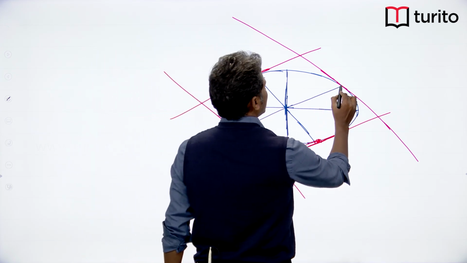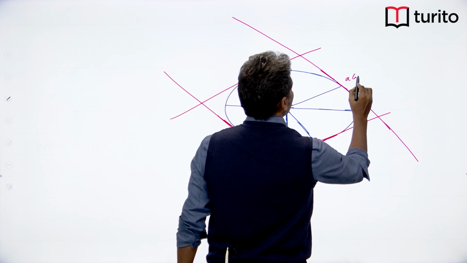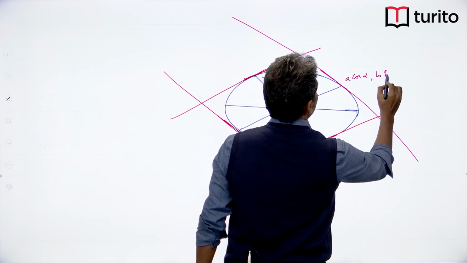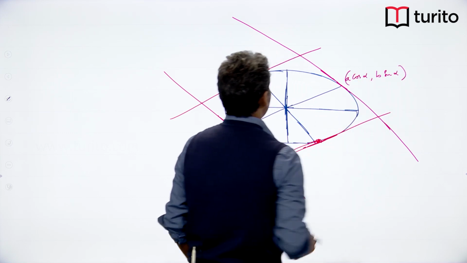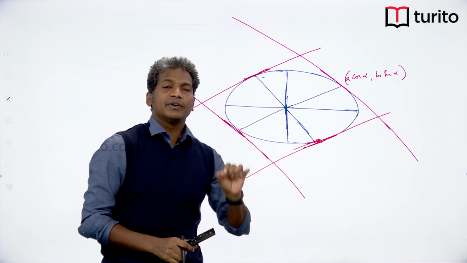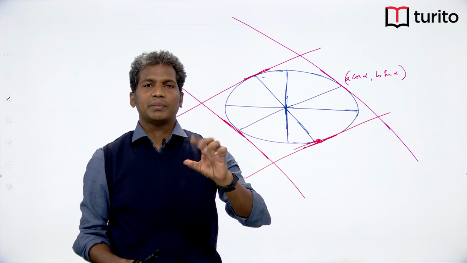Suppose, let us say if I take this point as a cos alpha, b sin alpha. Now, we know that conjugate diameters differ by eccentric angle of pi by 2.